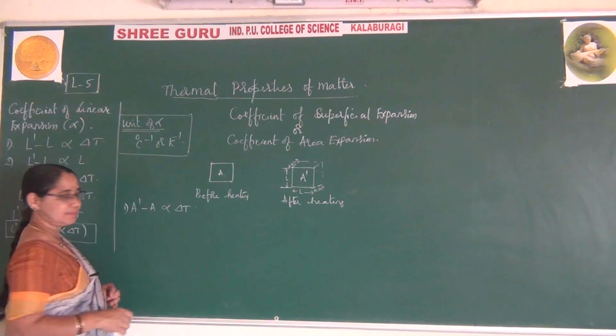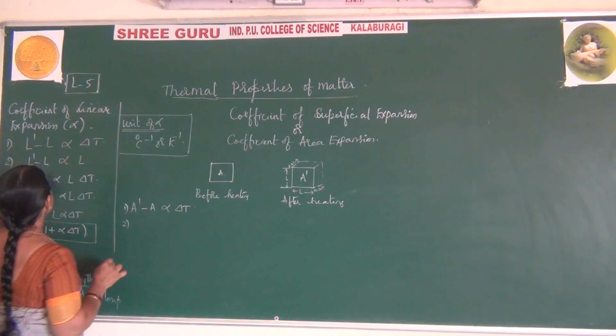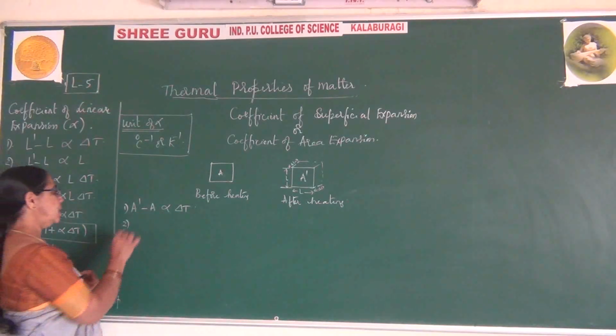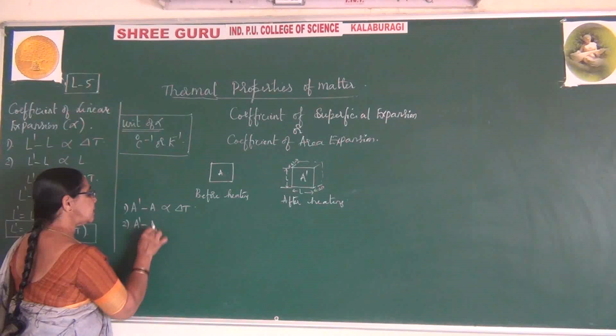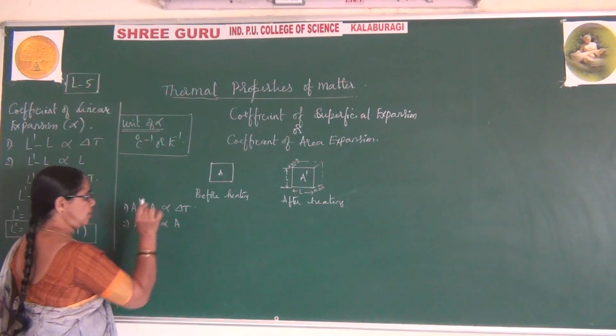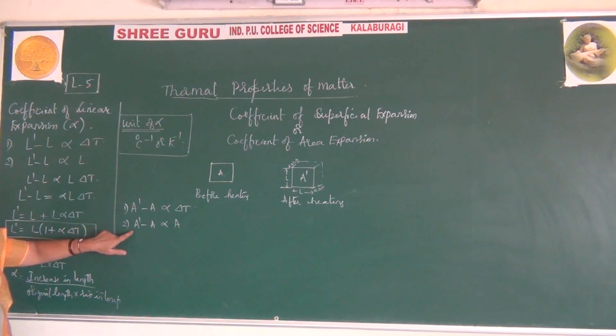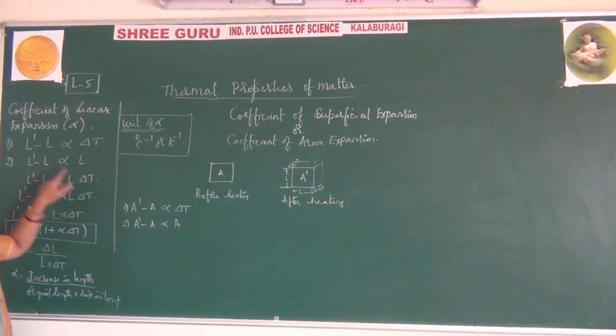This is the first point. The second point is that change in area is directly proportional to original area. So A dash minus A is proportional to A. I hope you have followed these two steps. These are the same steps, but here we write area instead of length.